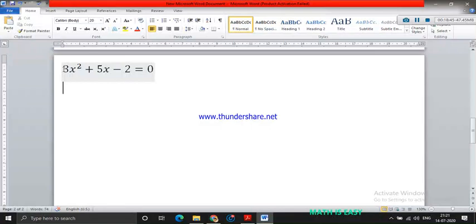Next I'll go for the product of the roots, which is alpha into beta. Agree? The product of the roots will come as alpha multiplied by beta. This is called the product of the roots.